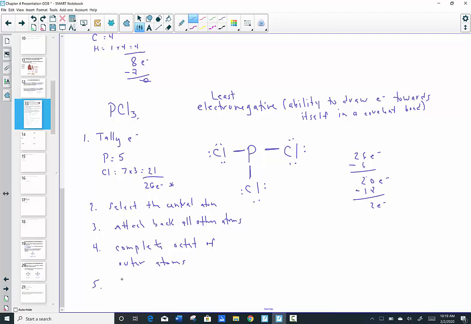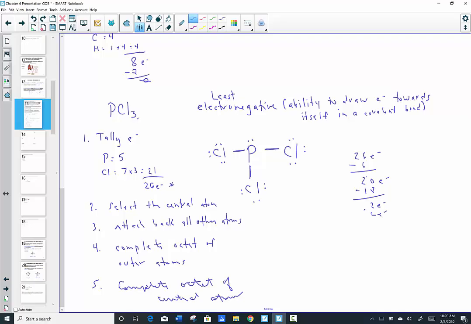And that last step says, complete the octet of the central atom. Those 2 get placed on the phosphorus.